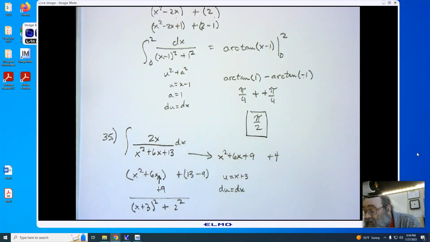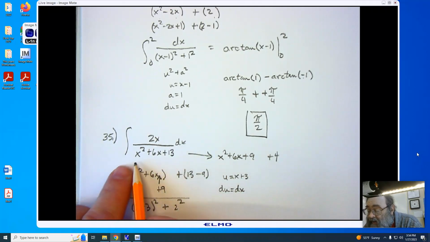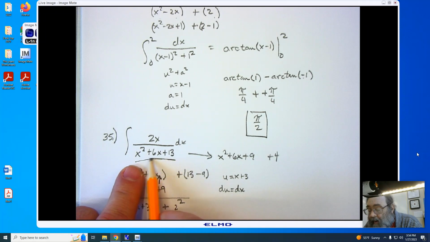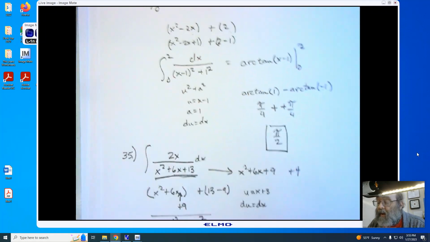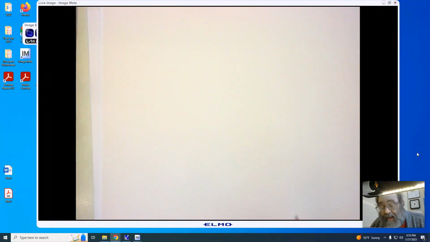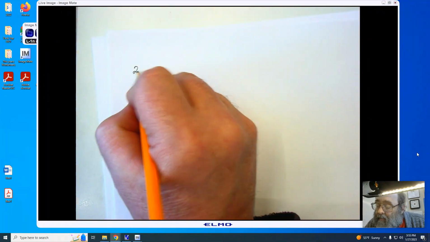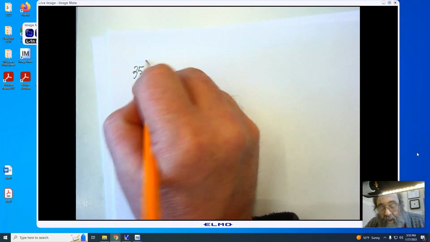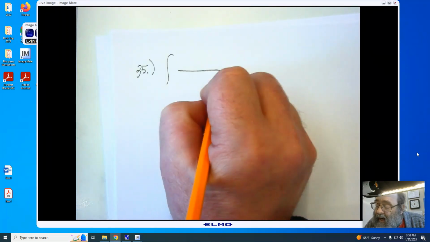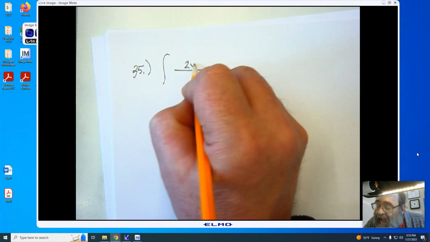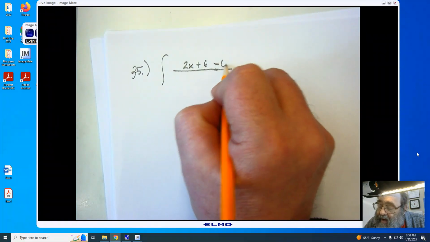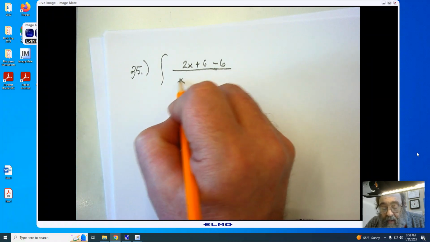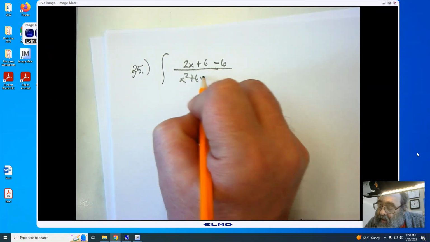But I have a 2x dx, and you'll notice right there, it has a plus 6. So I'm going to have to restart this one. Now remember that if you end up doing something wrong as you're going through, I want you to keep going and just try it again. So I'm going to add 6. But if I add 6 in the numerator, I have to make sure that I subtract 6, and therein lies the trick.